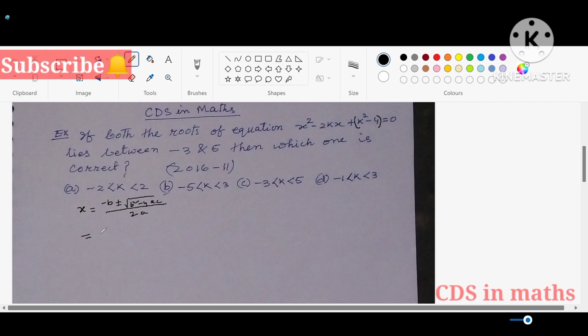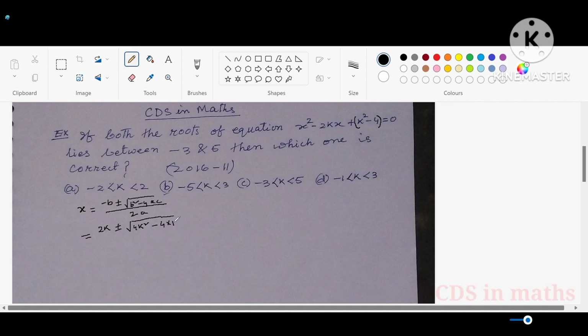So here another minus, so it will be 2k plus minus under root b square, which is 4k square, minus 4ac. a is 1 and c is k square minus 4, divided by twice a. a is 1.